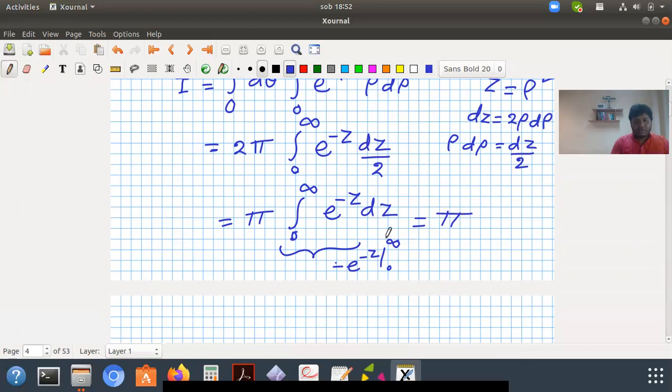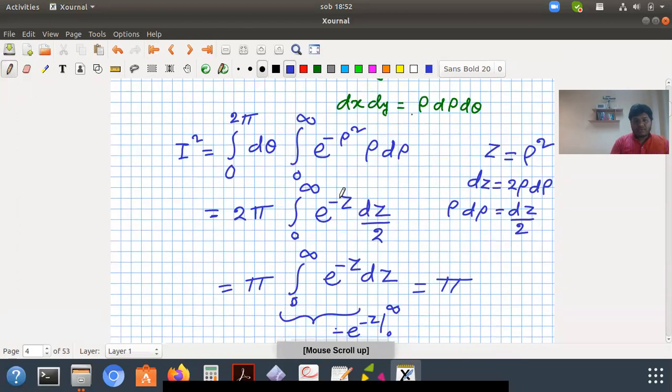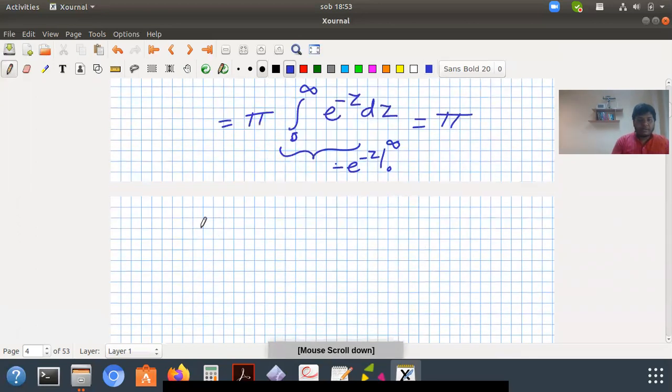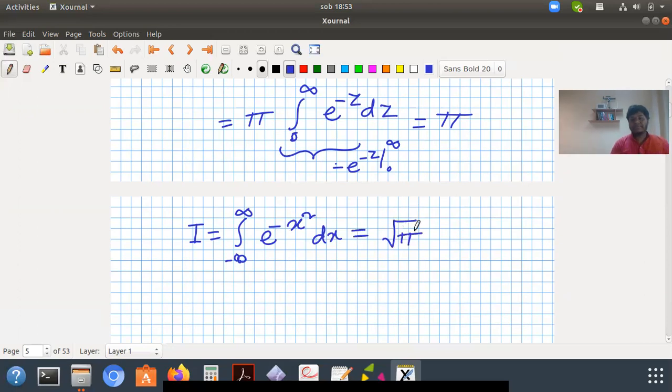So what we got? We got I square, the integration. How do we define it? Let me write this one here. So I, from minus infinity to plus infinity, e to the power minus x square dx, equals square root of pi.